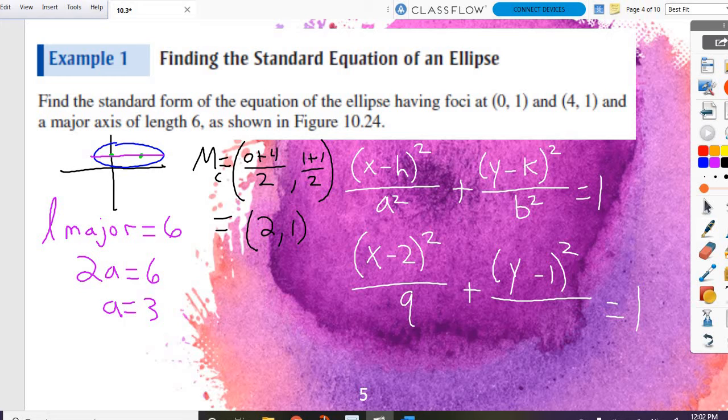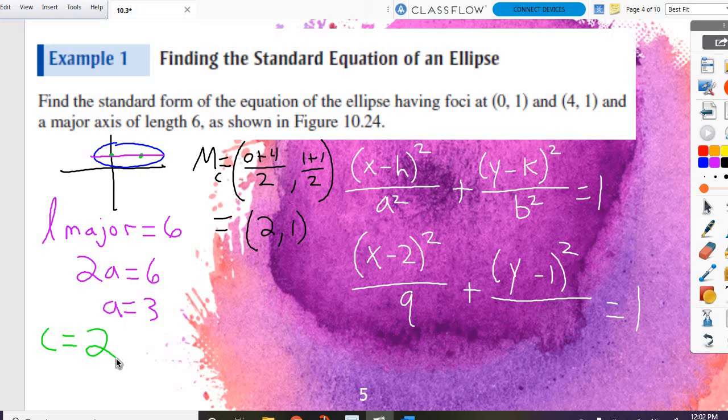Yeah, so if I know that my center is at 2, 1, and my C value has to be the distance from my center to one of my foci, how far apart are they? 2. Are we all okay with that? If we couldn't tell that they're 2 units away, you could always use your distance formula.